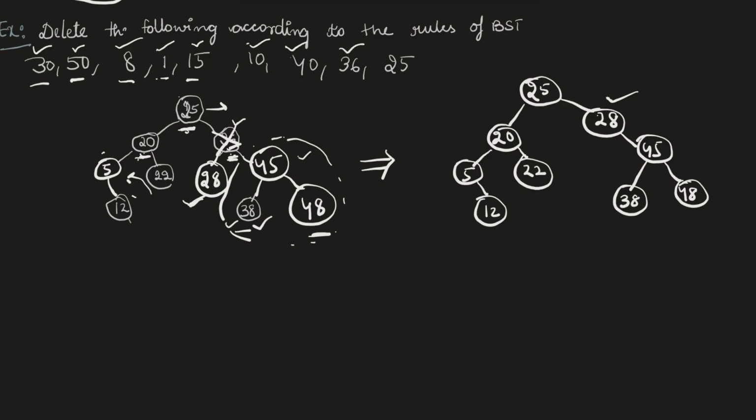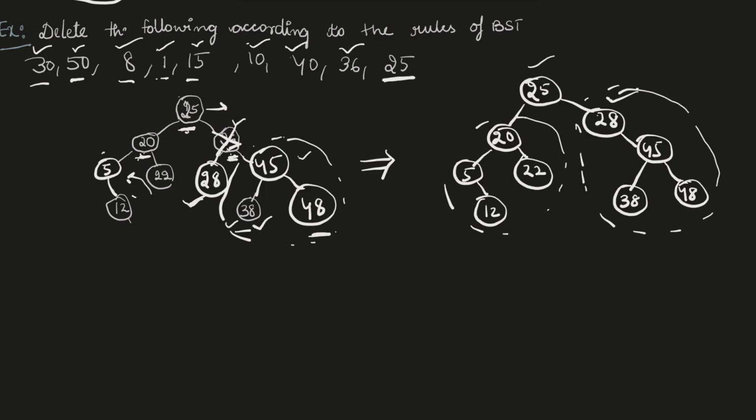Now let's go to the last one, 25, which is the root node. Now if we delete the root node, we can take the maximum element from the in-order predecessor. This is the in-order predecessor. Or we can take the minimum element from in-order successor.